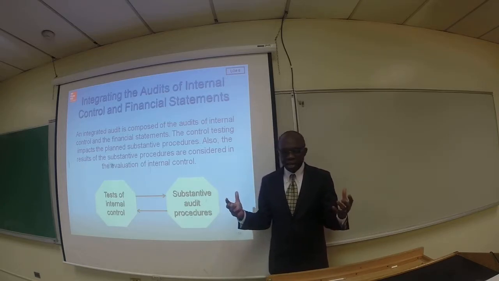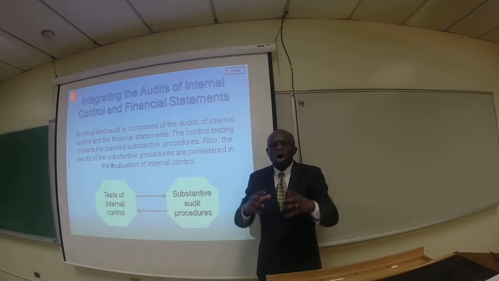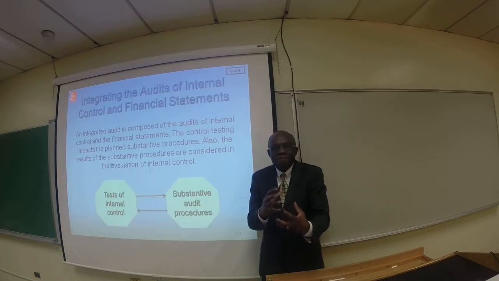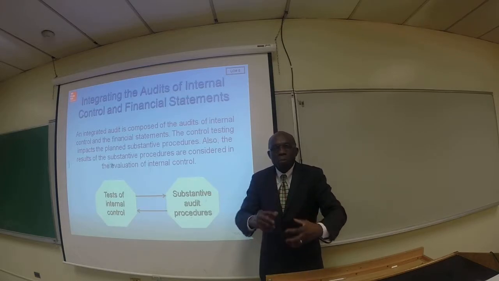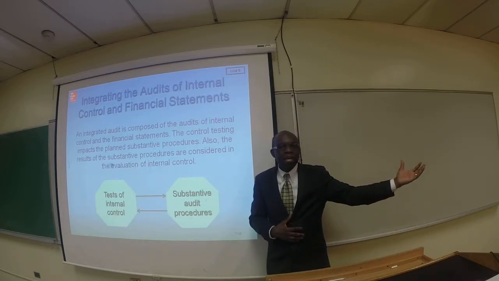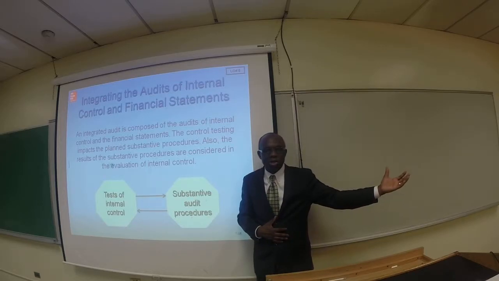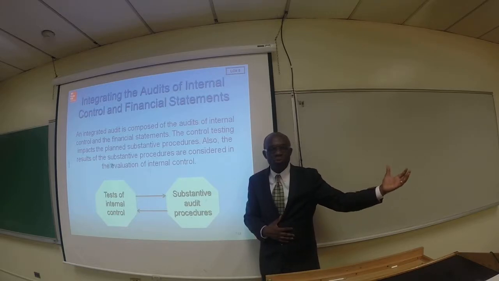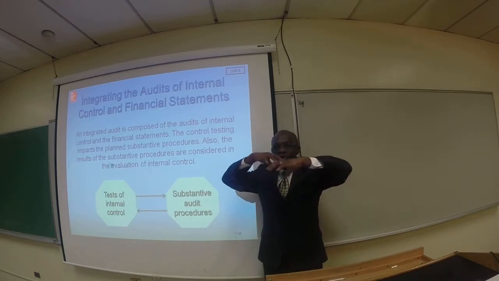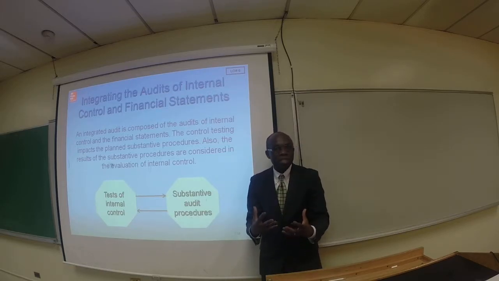What you need to know here is that when auditors are testing or auditing internal control, definitely they are going to do more work, more testing of internal controls, than they would do if they are just understanding internal control for the purpose of planning the audit and determining the nature, timing, and extent of the tests to be performed. Here they are actually doing a full-blown audit of the internal control. So from that standpoint, they are going to have a better understanding of internal control.